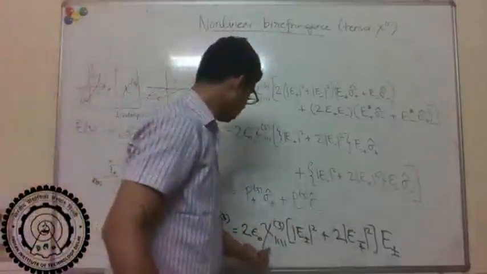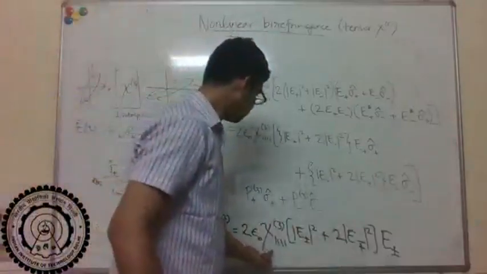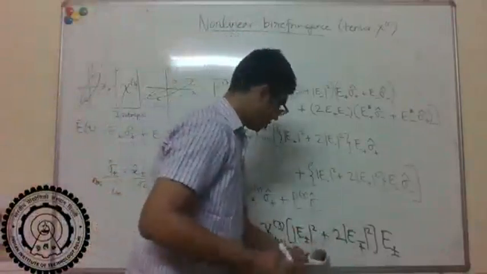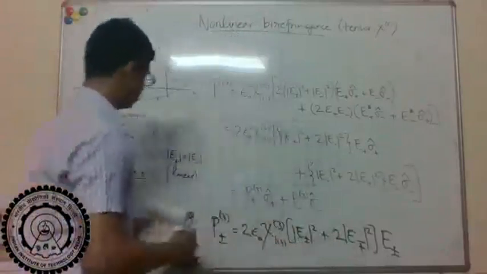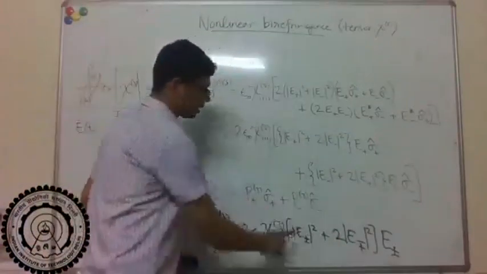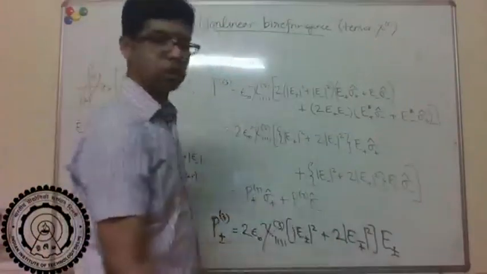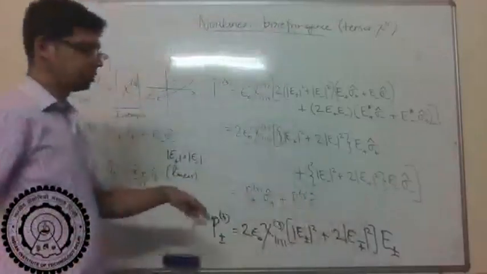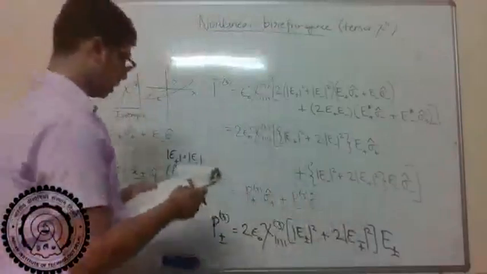So you can see that I can write mod E plus squared as the intensity in the sigma plus component, and mod E minus squared as the intensity in the sigma minus component, right?